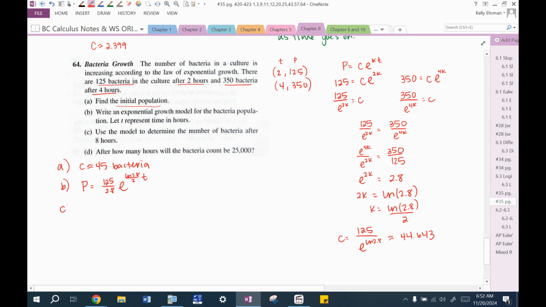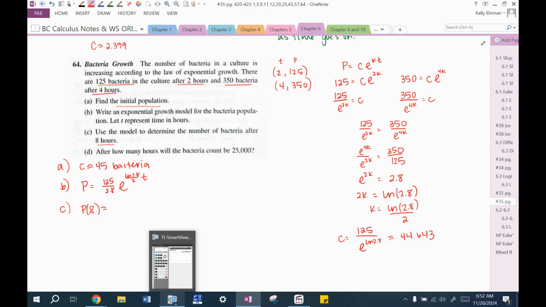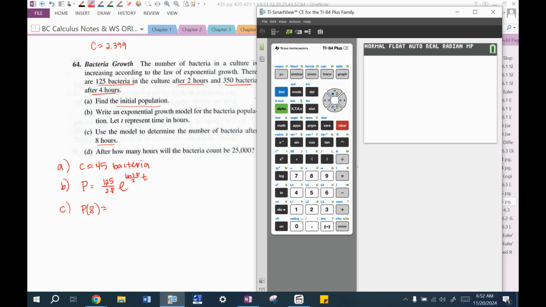And then part C is use the model to determine the number of bacteria after 8 hours. So find P of 8. And because part D is after how many hours will the bacteria be this, I'm going to do this by graphing, I think. 125 over 2.8 times e to the (ln 2.8 divided by 2) times x.